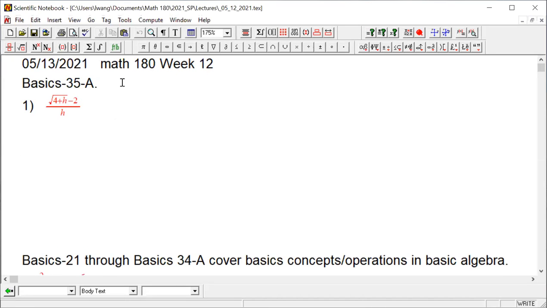What we do is rationalize the numerator. Then you say, why? Why will be explained to you by your calculus professors. I'm not going to explain that to you. I'm not getting into that. For the reason to be explained to you, we're going to rationalize the numerator.